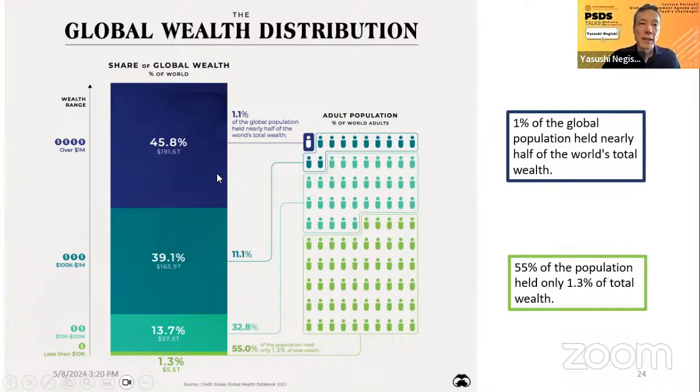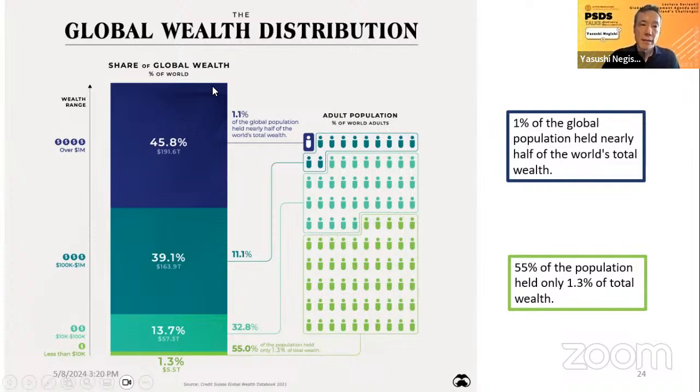On the contrary, this is the box which indicates the global assets whose deposit or total asset is over 1 million US dollars.